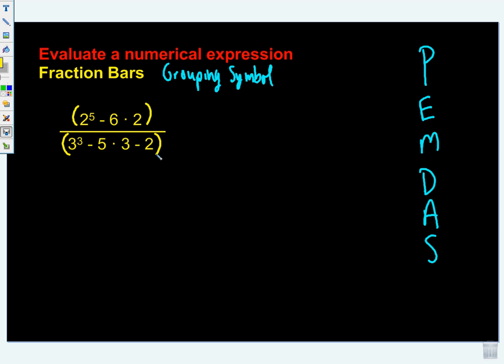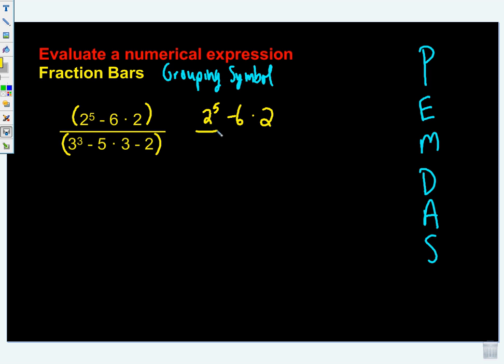If I've got 2 to the 5th power minus 6 times 2, I want to evaluate exponents first. There are no parentheses, so I'm going to evaluate the exponents first, and that is 2 to the 5th power. Again, remember that 2 to the 5th power means 2 times itself 5 times. So 2 times 2 times 2 times 2 times 2 leaves us with 32.